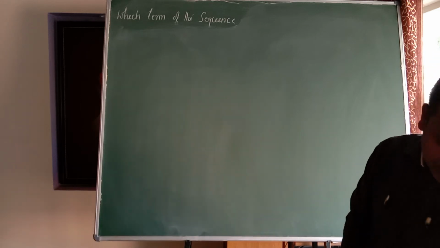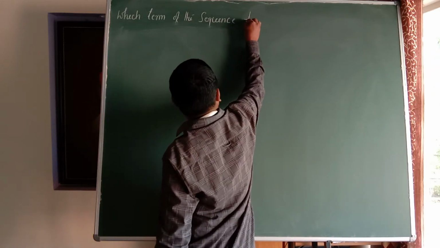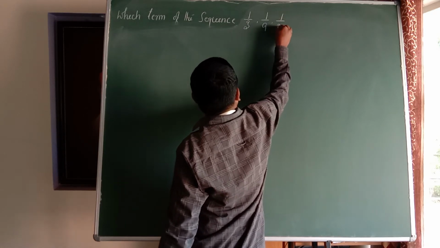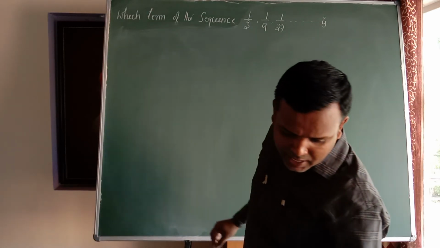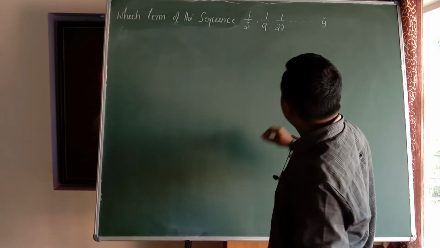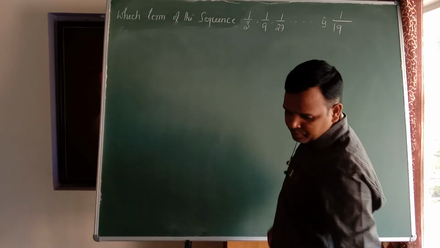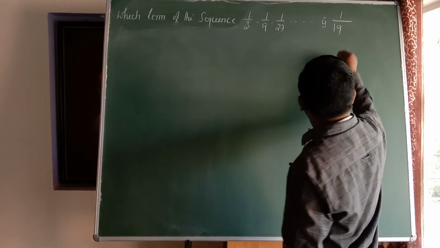Which term of the sequence 1 by 3, 1 by 9, 1 by 27, and so on is 1 divided by 19683?